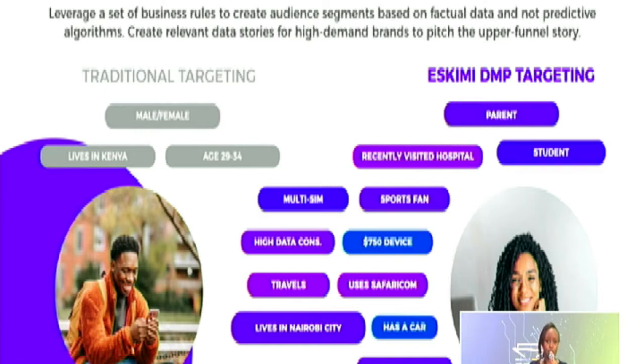You're able to use these insights when it comes to targeting users online. This is just an example of how you can build a data story to reach the right audience at the right time when they are online.